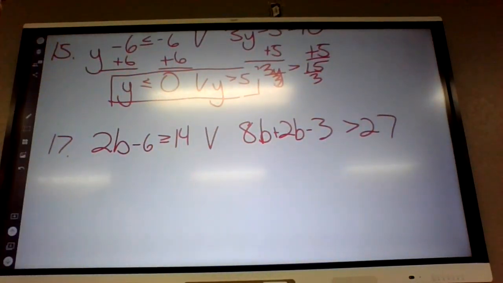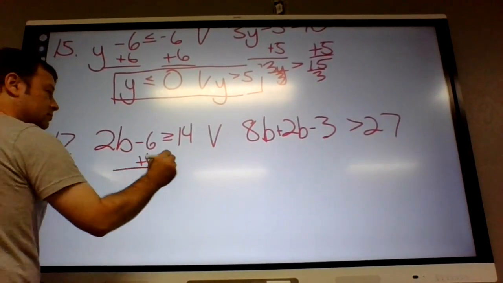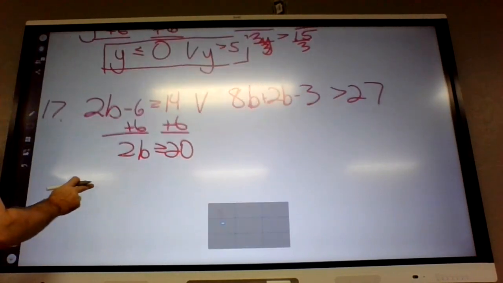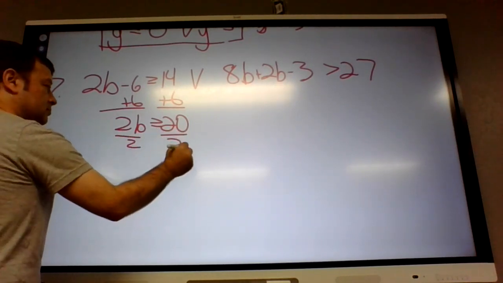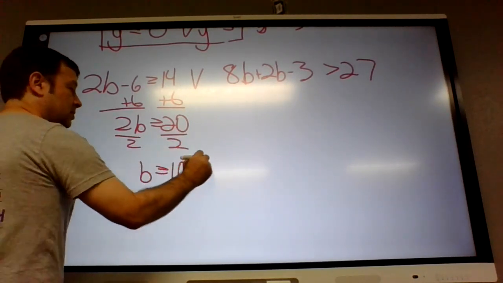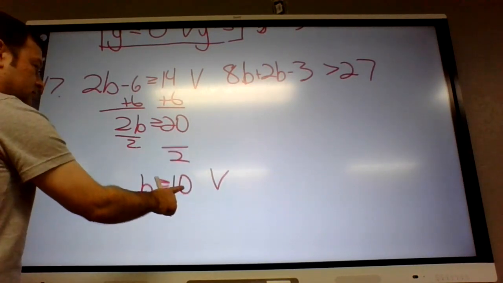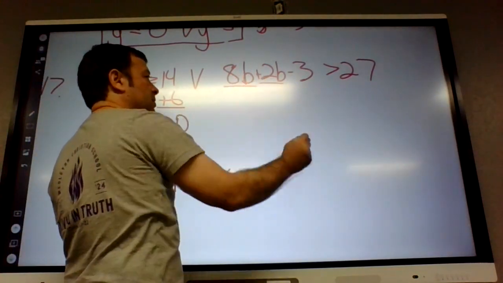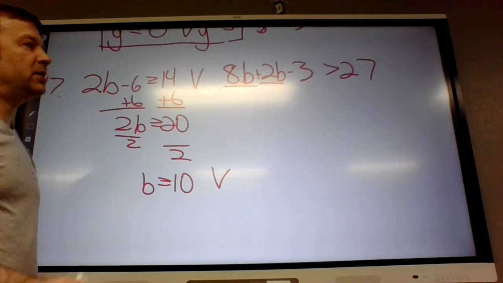Okay, Miranda, what can we do on the left one over here? Add 6. And then divide by 2. Okay, so we got b is greater than or equal to 10. How about on the right one? What can I do with those two? Well, you wouldn't minus 2b.